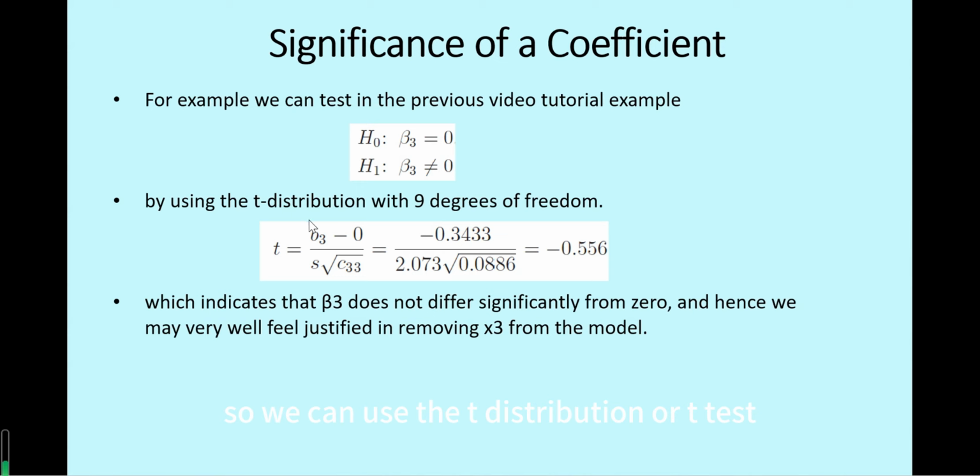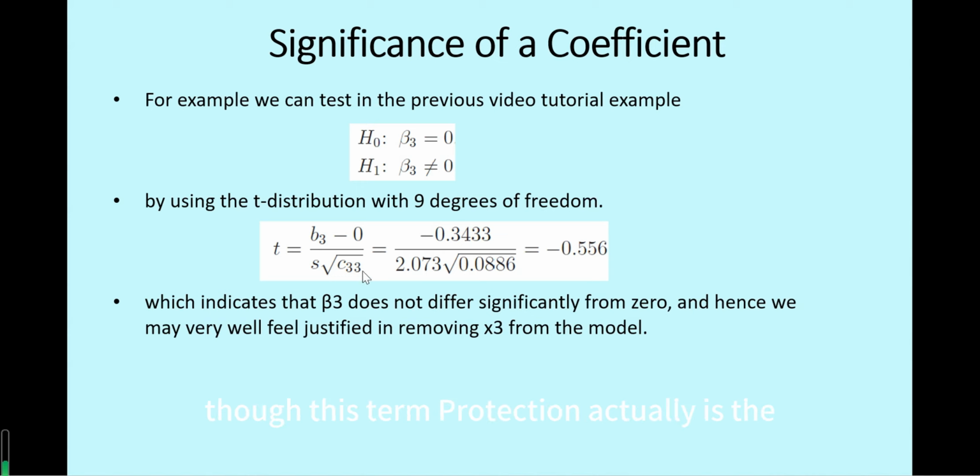So we can use the t-distribution, or t-test, for this beta. B3 is the estimation of the coefficient from the model. Then we subtract 0, and divide by a term. This term is the product of S, the square root of S square, and the square root of C33 in the previous matrix.